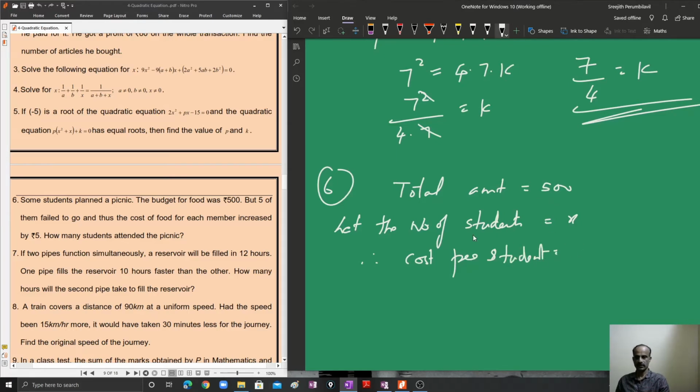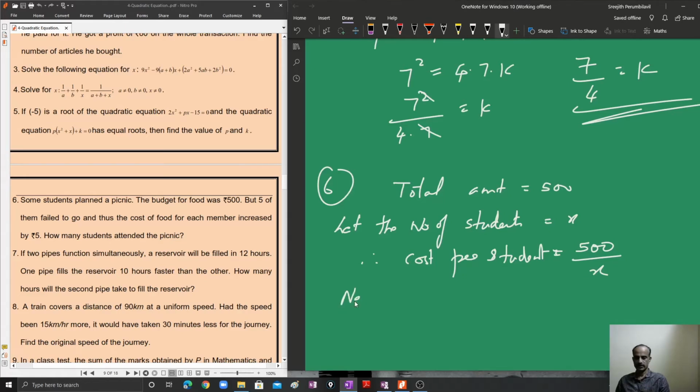Total is 500, the budget. The number of students is x. When you are going for a picnic, 500 is there, x is the number of students, what is the cost per head? Total amount divided by total students.